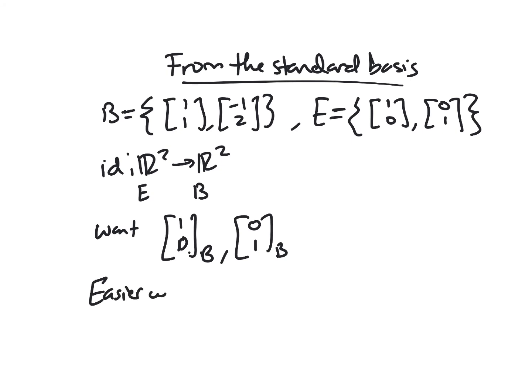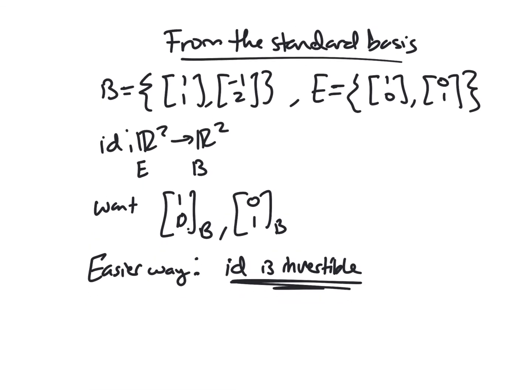And here we're going to use the fact that we know something about the identity. It's invertible, right? It's clearly a bijection. We already know it's linear. The fact that it's invertible means we have another way of going backwards. So if you think that going to the standard, A sub B comma E, this was representing the identity map.